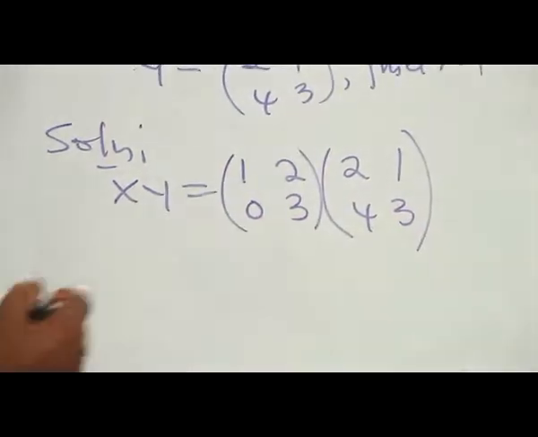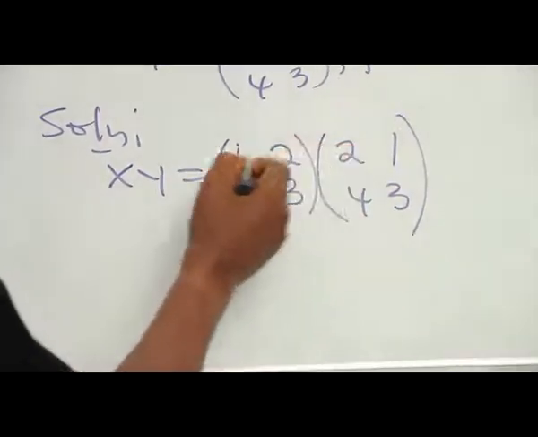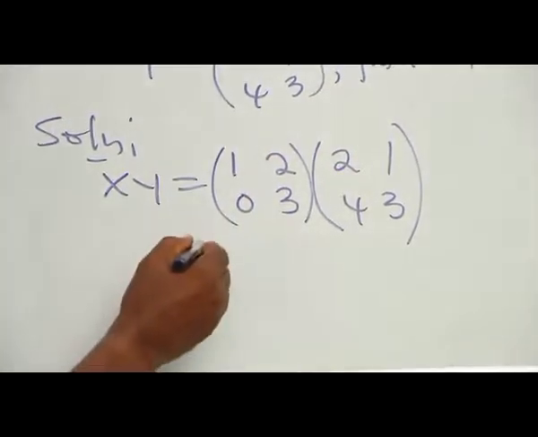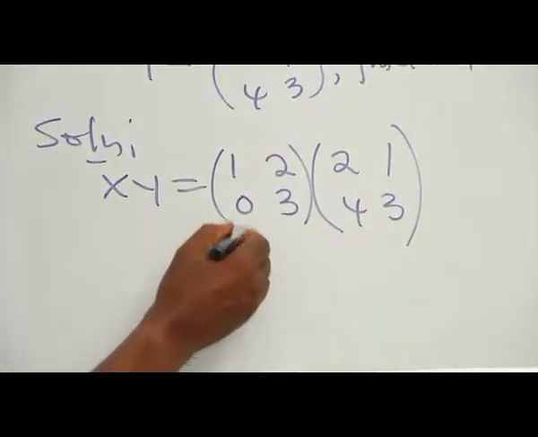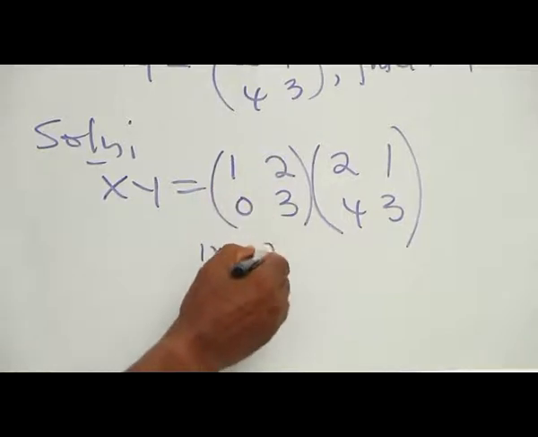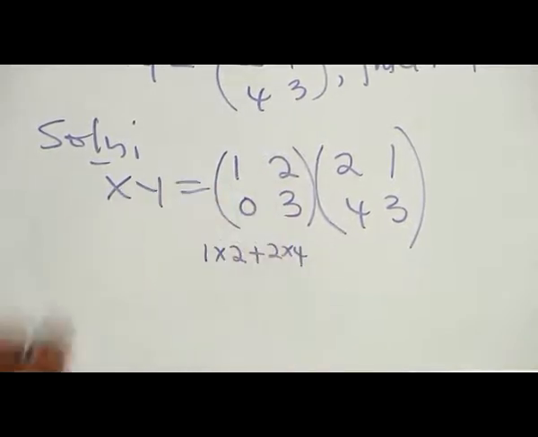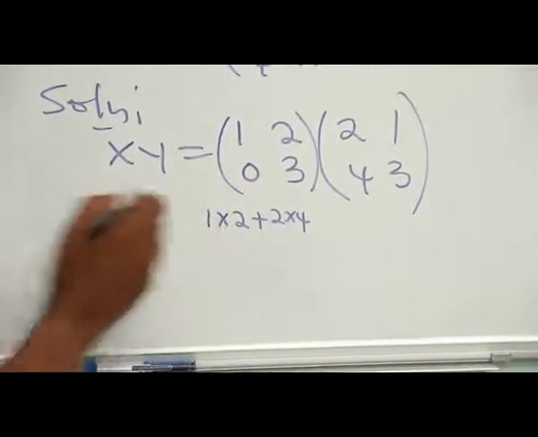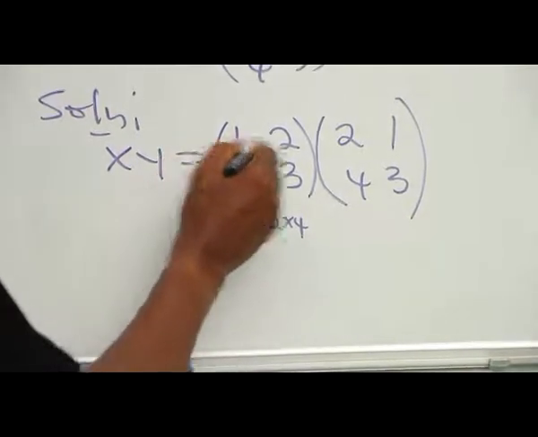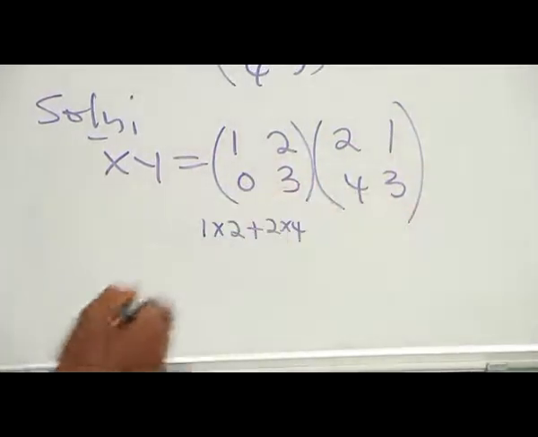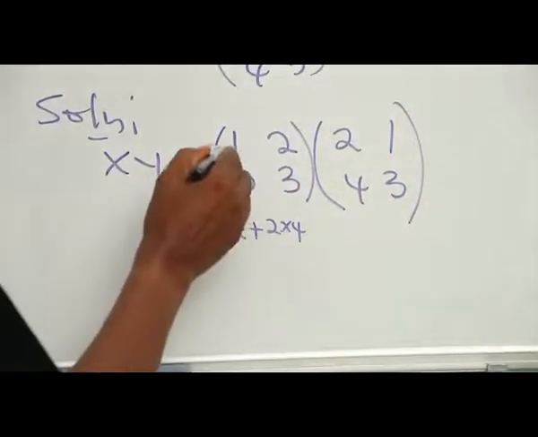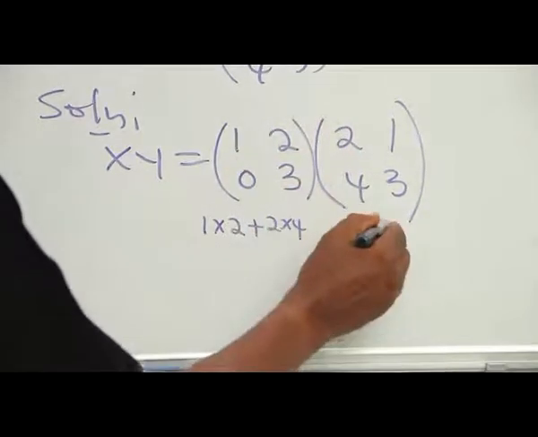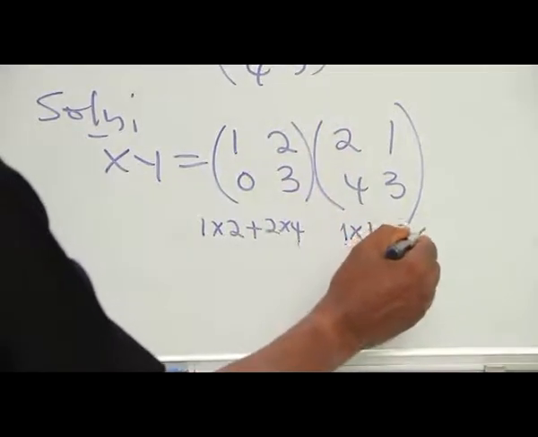In this order, we will now take the first row and multiply by the first column. So we have 1 times 2 plus 2 times 4. That will give you the element in the first row and the first column. Then you take the same first row and multiply by the second column. So we have 1 times 1 plus 2 times 3.